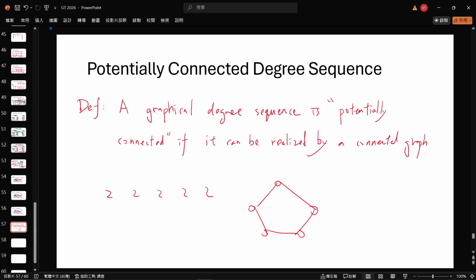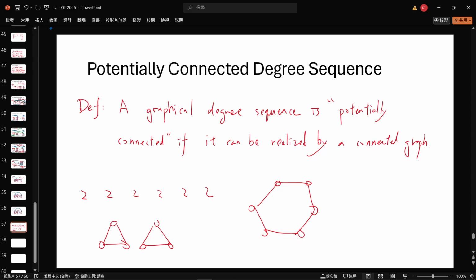Because for this one, you can also realize it by, no, I think, sorry. Let me add one more 2. So 6 twos, sorry. Okay. So you see, there are 2 different graphs that can realize the same degree sequence.